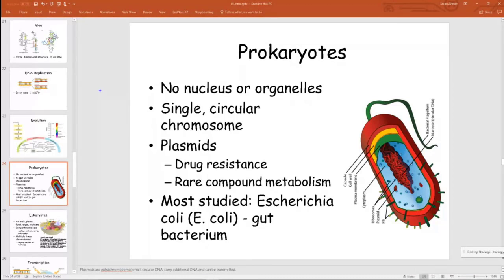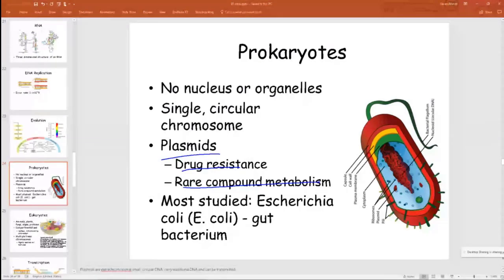And these plasmids can be interchanged between different bacteria. So one bacteria can give it to the environment, and then it can be taken up by another bacteria, or they can have a fusion or interchange through different mechanisms. So the drug resistance and rare compound metabolism can be obtained from another bacteria.